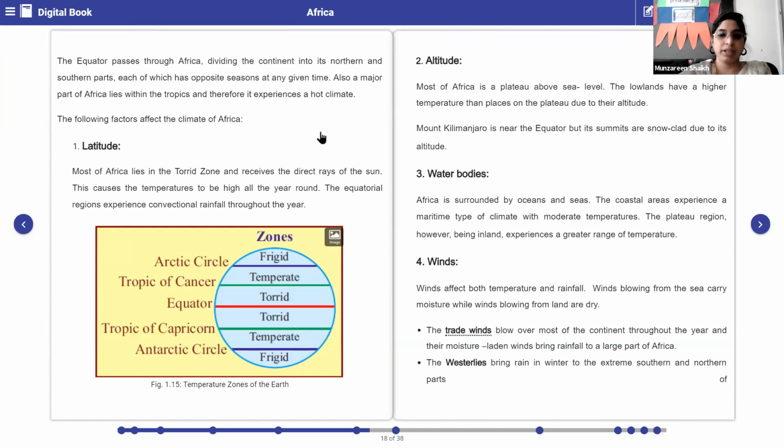Ma'am is hanging. Ma'am got disconnected. Ma'am is still not connected.